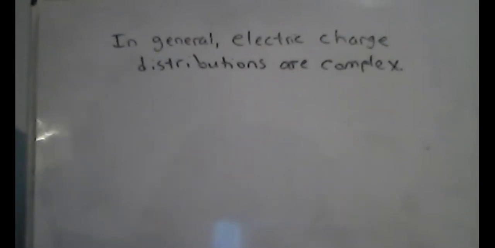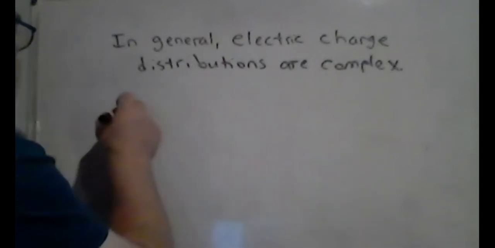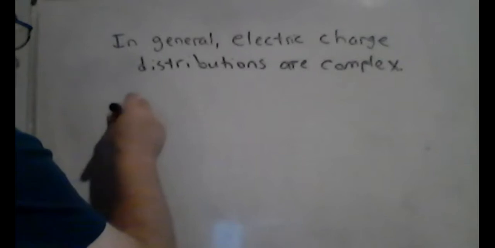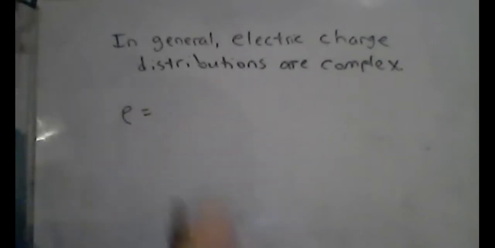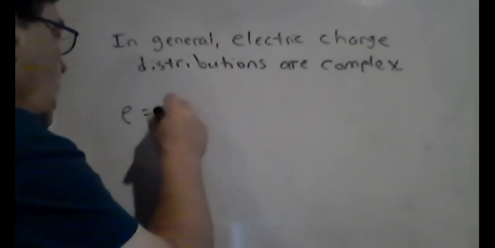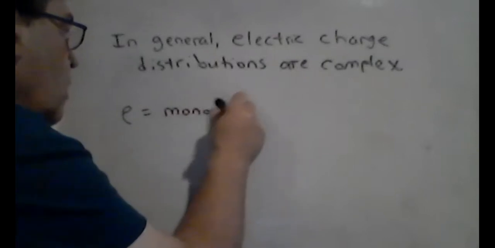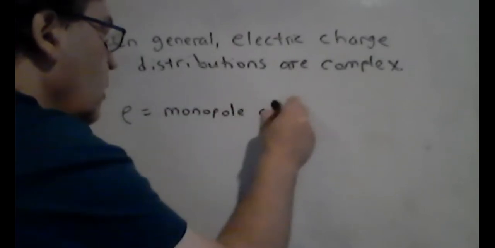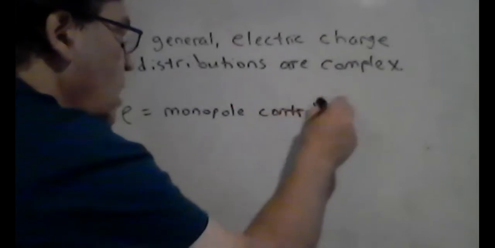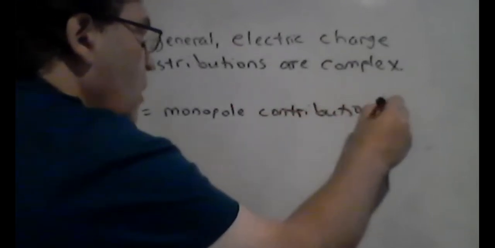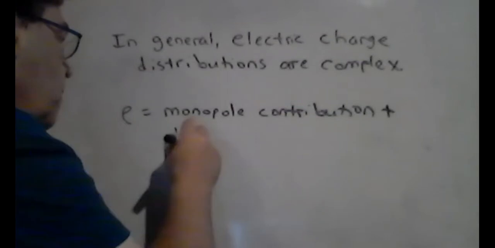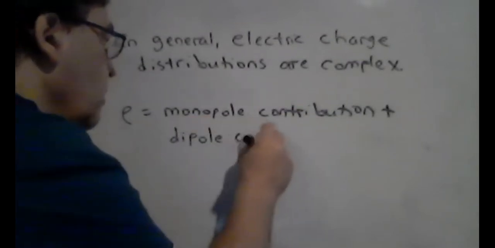Other charges, maybe you might get 4 of them together, we might call that a quadrupole. And you might get a clump of 8 somehow, called an octupole. Essentially your charge distribution can end up looking like a monopole contribution, I mean single charge, like we've been talking about, plus a dipole contribution.